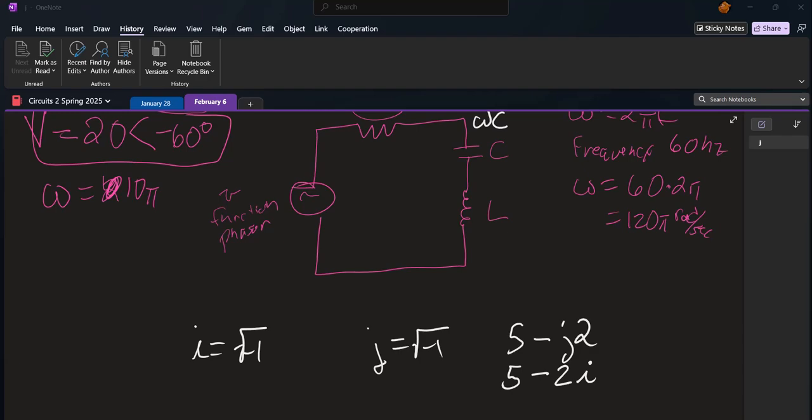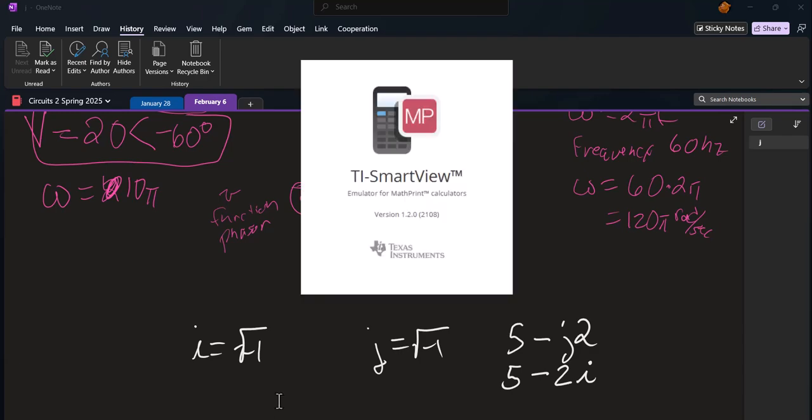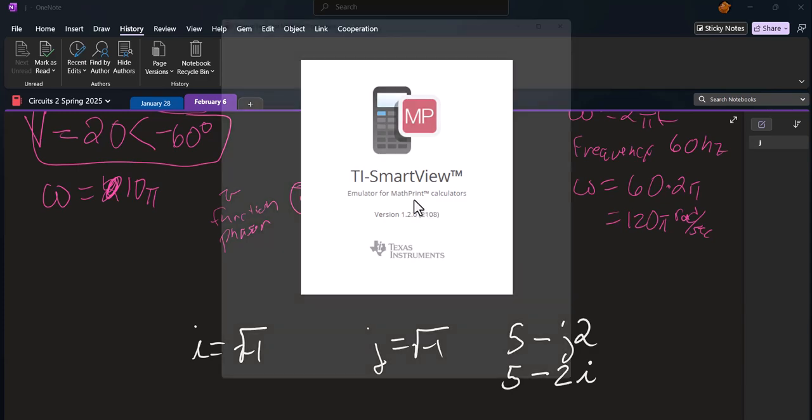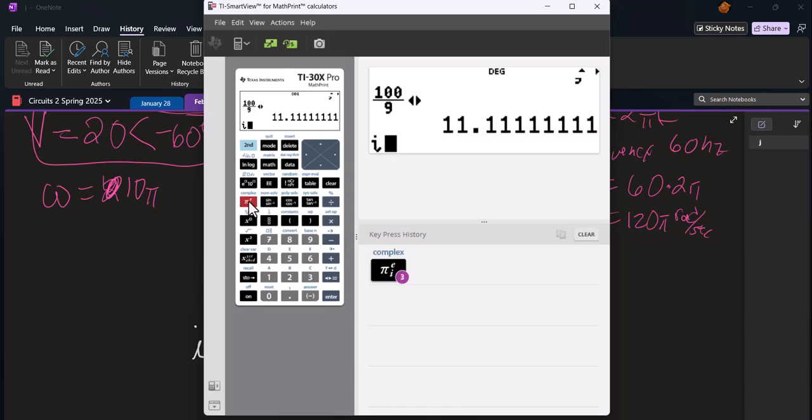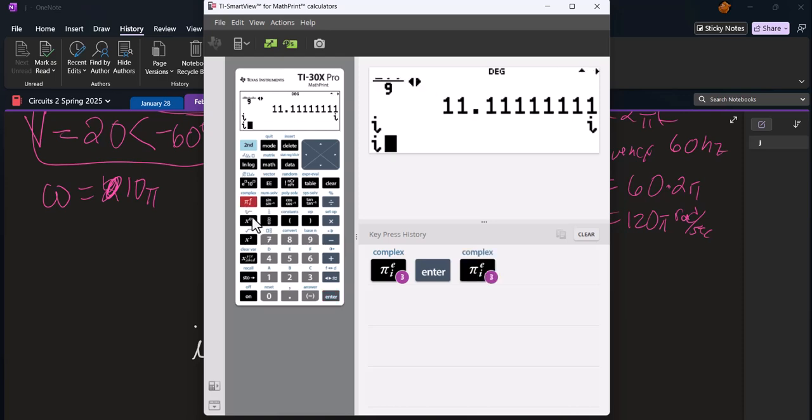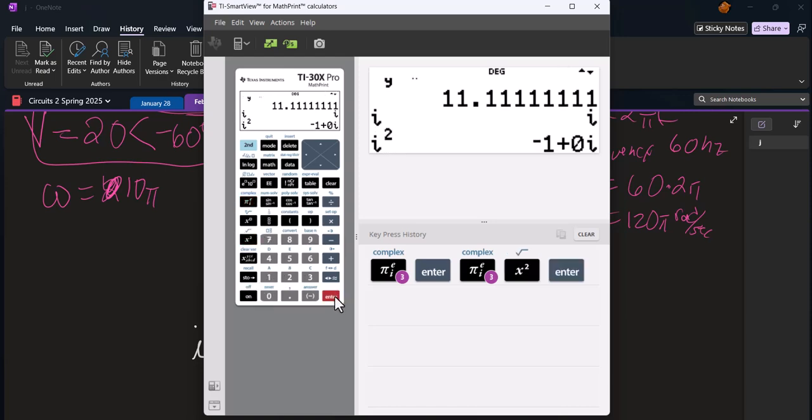So on the TI-36, which is the one that I recommend, TI-36X Pro, you'll see a button on the left-hand side that has pi, e, and i, and if you press it 3 times, you get i, and that's j. And so if that really is j, then if I square it, I should get -1. And sure enough, I do, and it puts it in rectangular form for me.